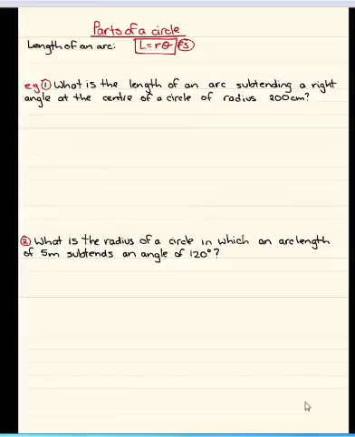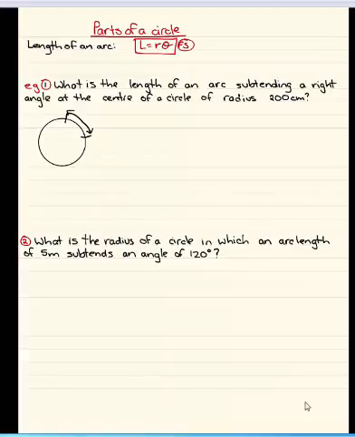And this year, your HSC, you've got your formula sheet. So these aren't formulas you need to memorize anymore. The first one you can see here is length of an arc. So remember, when we're talking about the length of an arc, what we're talking about is just part of a circle and wanting to know how long is that length.